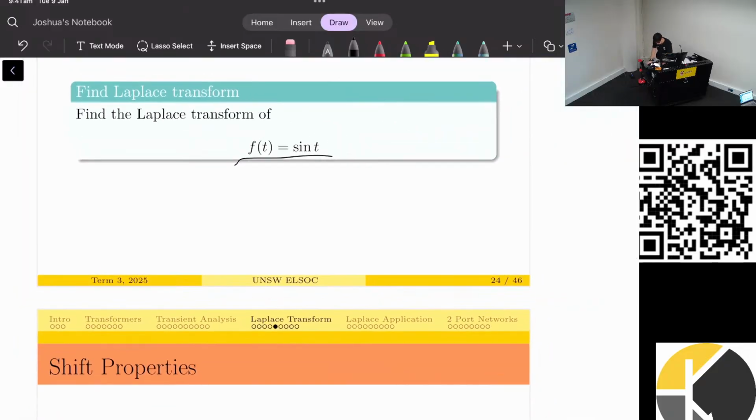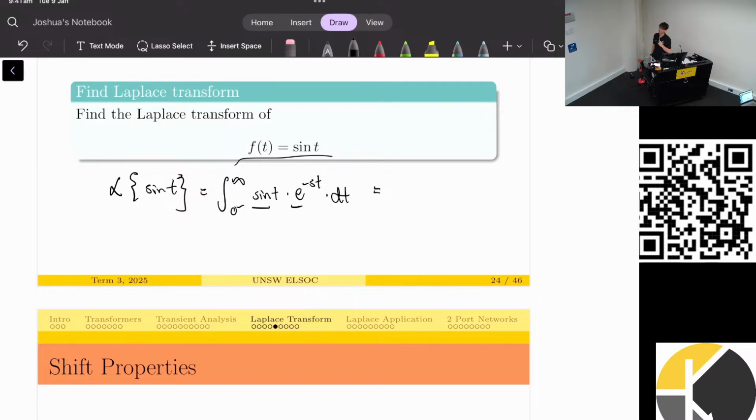So let's try that. The Laplace transform of sine of t is the integral of sine of t e to the minus st dt. If you've done Extension 2 in high school, this might look similar to something you might have done. One thing I noticed is that we have a sine and an e multiplying together.